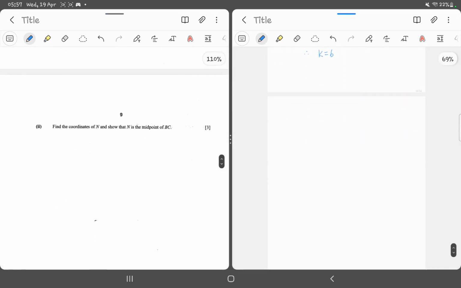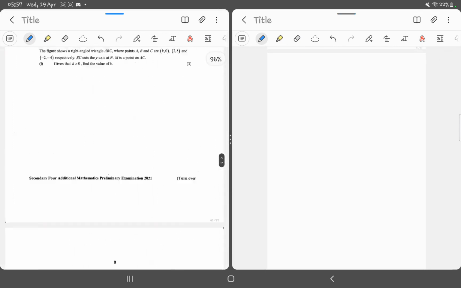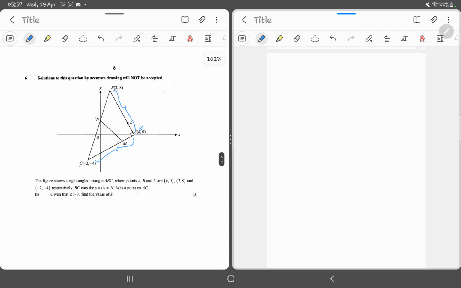Find the coordinates of N. So we need to find the coordinates of N over here. First I'm going to let the coordinates of N be 0, a.